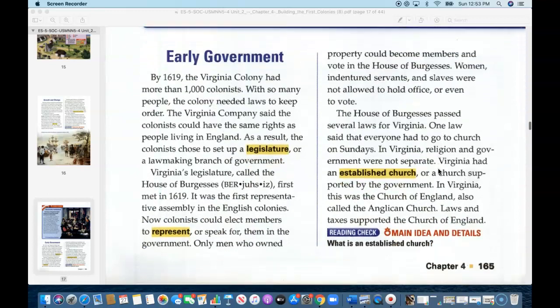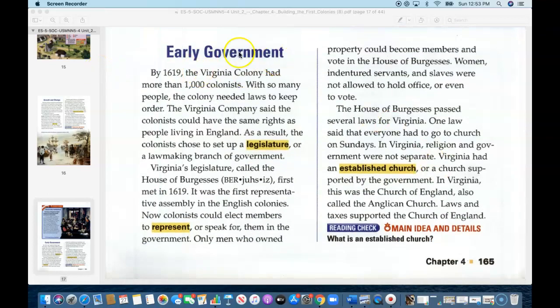In our next section, please label it Early Government. By 1619, the Virginia colony had more than 1,000 colonists. With so many people, the colony needed laws to keep order. The Virginia Company said the colonists could have the same rights as people living in England.